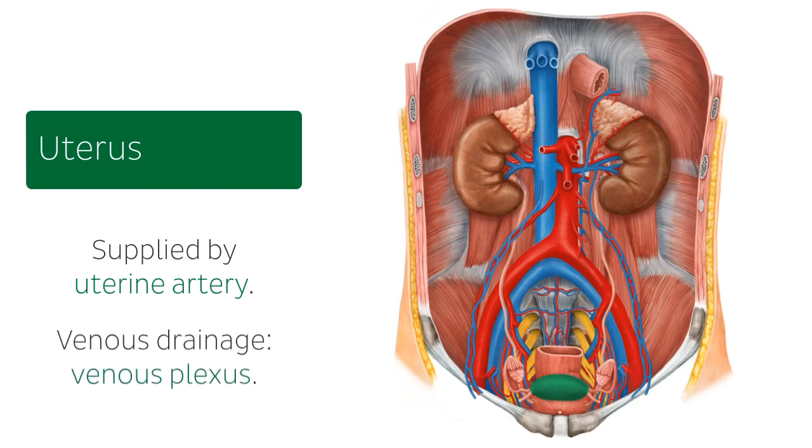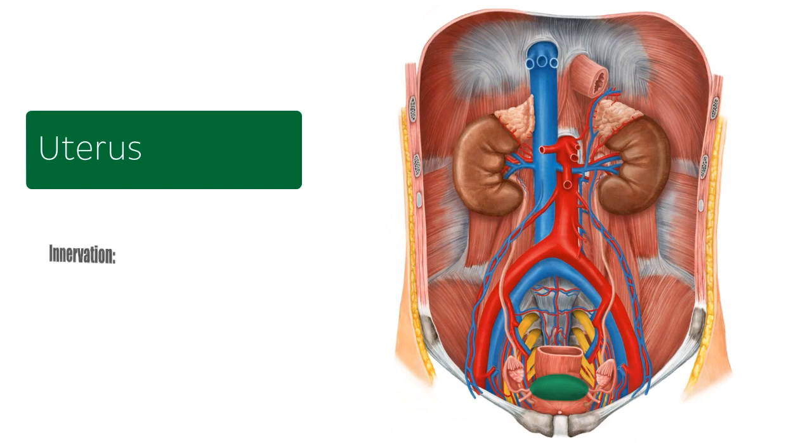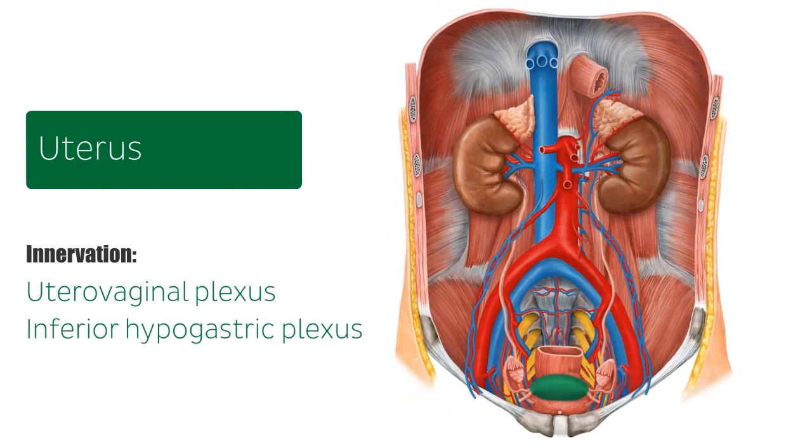As for venous drainage, the uterus is drained by the uterine venous plexus, which drains into the internal iliac vein. As a reminder, for innervation, this organ is innervated by the uterovaginal plexus and the branches of the inferior hypogastric plexus.